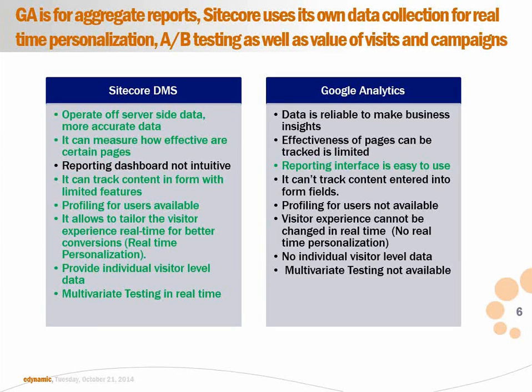A/B testing and website personalization are core to Sitecore DMS. These are the two features that consumers use Sitecore DMS for. You can do multivariate testing in real time, and you can provide individual visitor-level data. Moving on to the next slide.